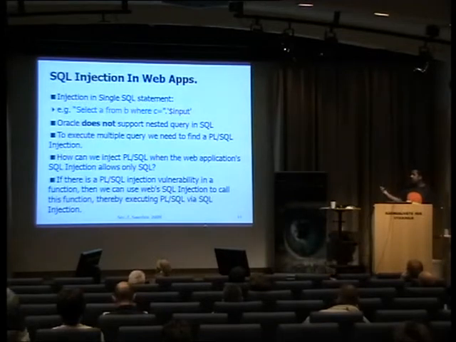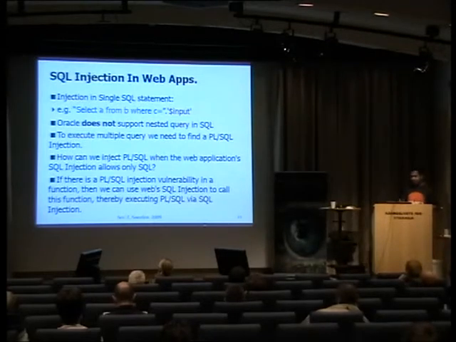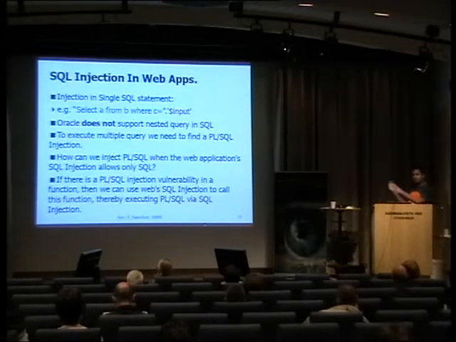So in the same query, I can call a function, and if that function is vulnerable, then I can use that vulnerability within that function and do stuff. A typical example is if there is a function which is vulnerable to PL/SQL injection, then I can call that function in my select query, pass my PL/SQL as an argument to that function, and thereby indirectly execute my PL/SQL with this function. Does that make sense? It will probably become clear when I show you an example.